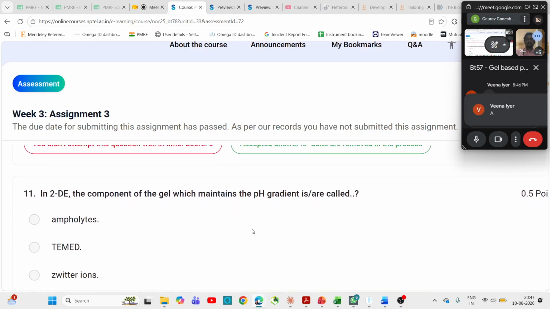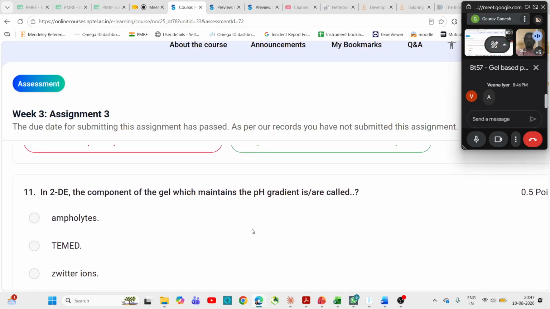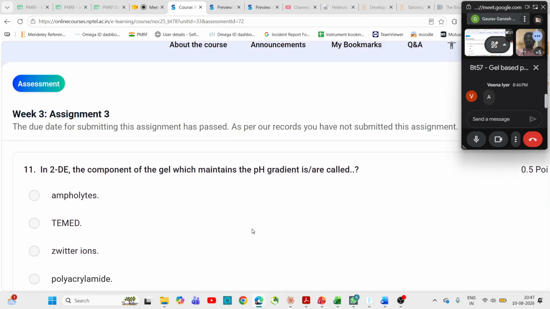In 2DE, the answer is that salts are not removed in the process. It's not done during that stage. It's during the sample preparation itself.